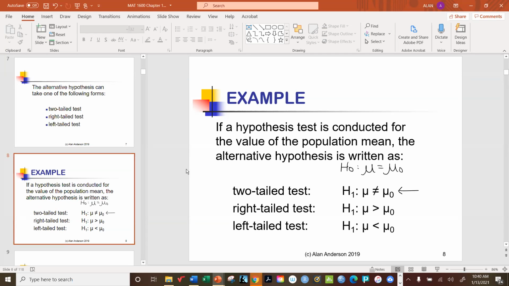But if we need to know if the mean is greater than that value, that would be this case. Let's say the government is doing this test, and again, here's our example. They're assuming that the mean is equal to 30. Why do they care anyway, by the way?